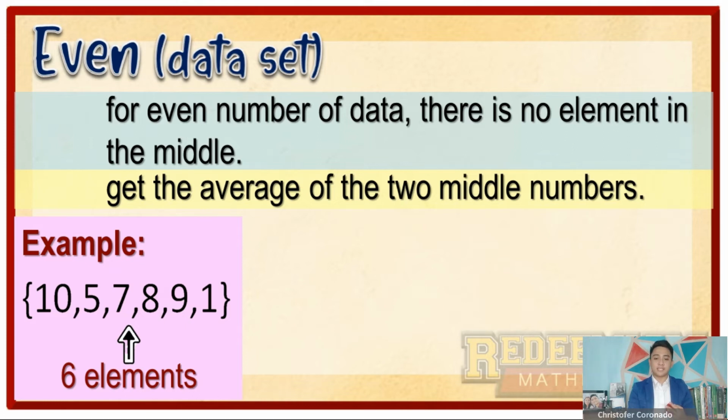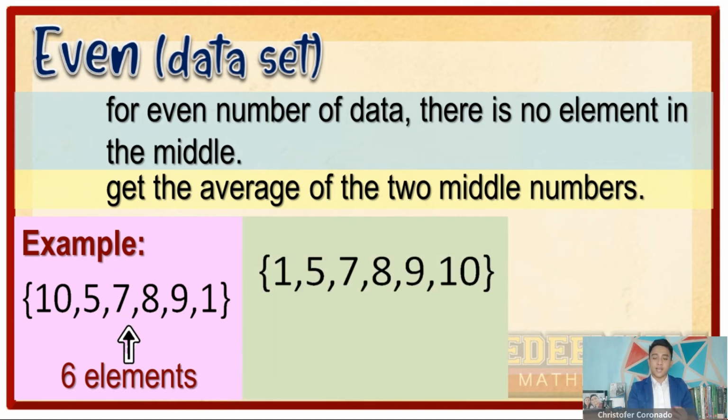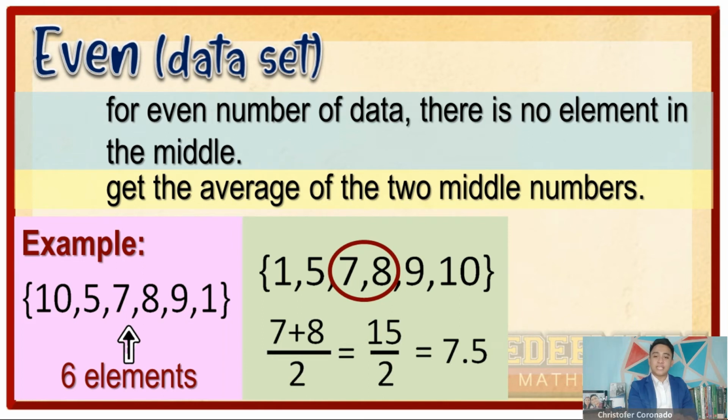Arranging them in increasing order would give us 1, 5, 7, 8, 9, and 10. Now in this case, there is no middle value. So according to our rule, we need to get the two middle numbers. In which case, those are 7 and 8. After getting the two middle numbers, we need to get its average. So adding 7 and 8 would give us 15. Then dividing it by 2 would give us a median value of 7.5.